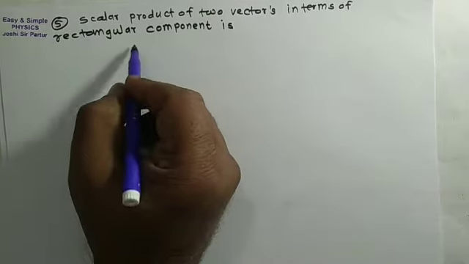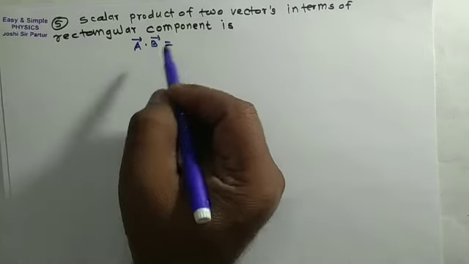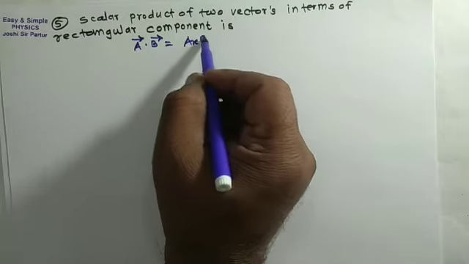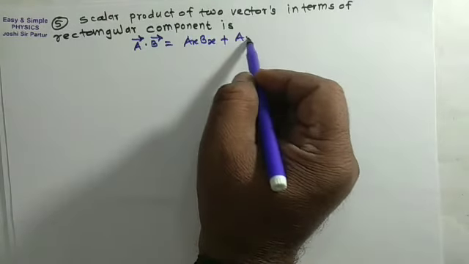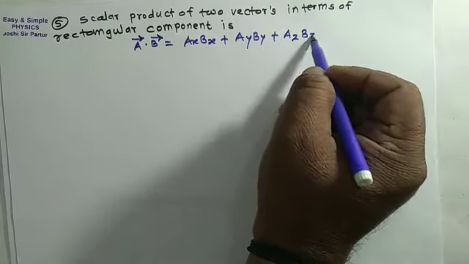Suppose the two vectors are vector A dot vector B. Its rectangular component form will be AxBx plus AyBy plus AzBz.